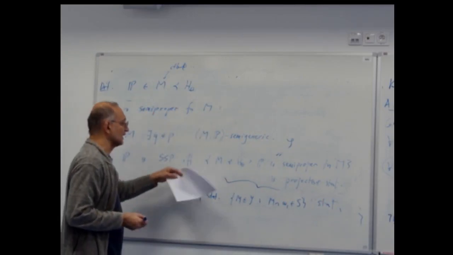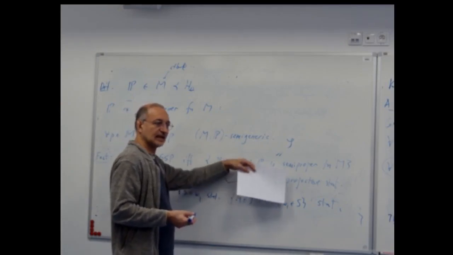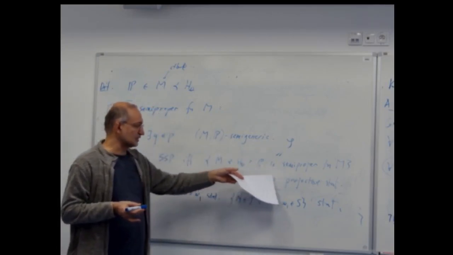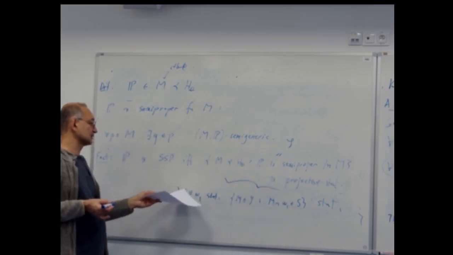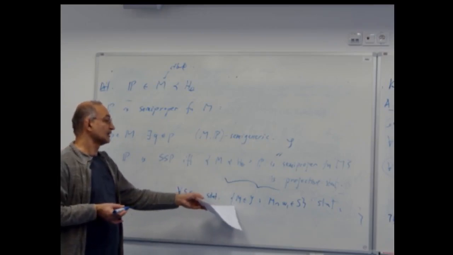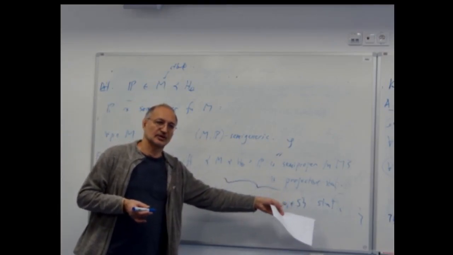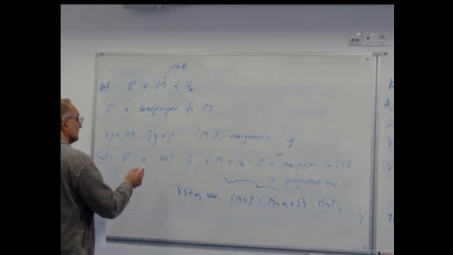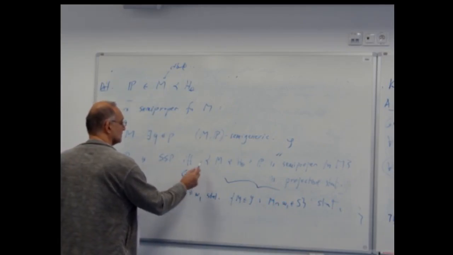So projective stationary is more than stationary. It's stationary, but also if I demand that the traces on omega 1 are in a given stationary subset of omega 1, that collection of models is stationary. And in fact, we will only use this trivial direction.